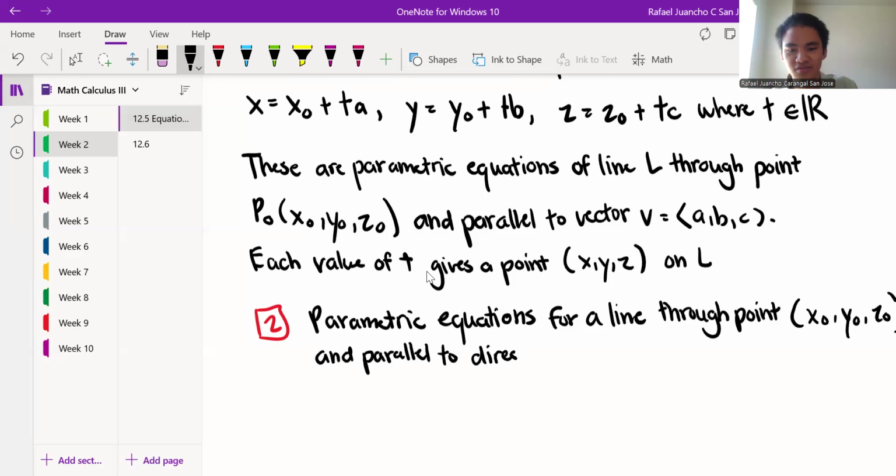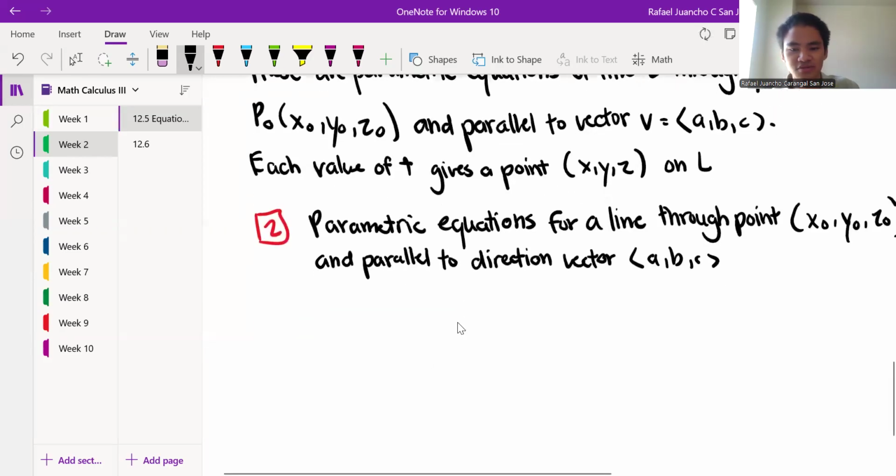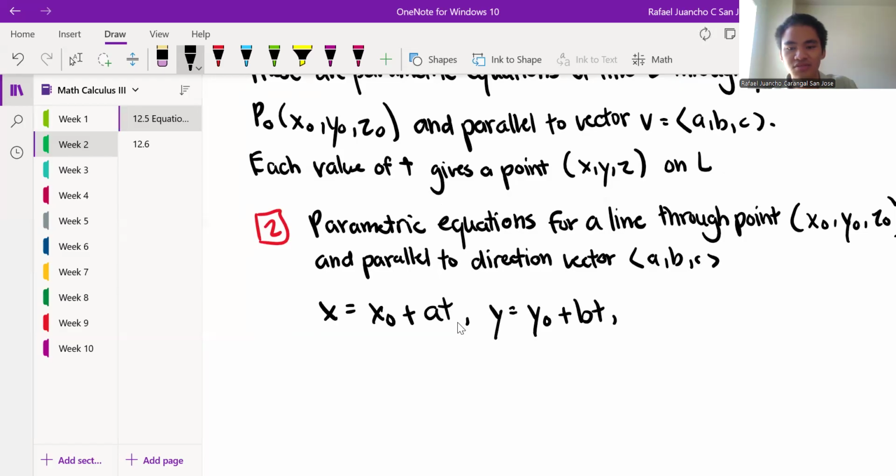At the end of the day, it's just a vector. I guess they're trying to emphasize. So what are the parametric equations for a line? x equals x naught plus at, y equals y naught plus bt, z equals z naught plus ct.